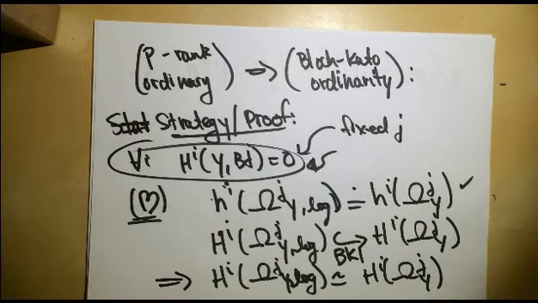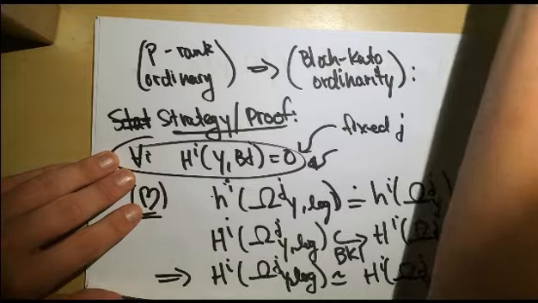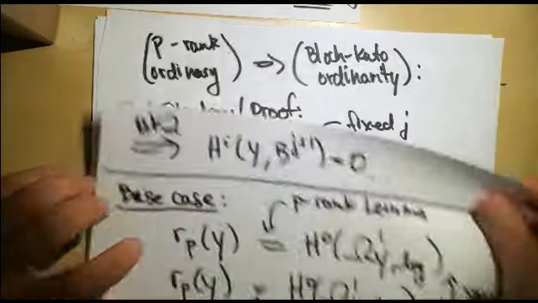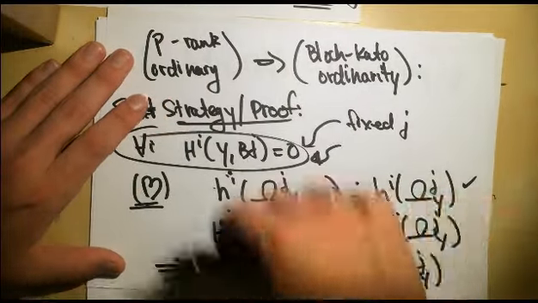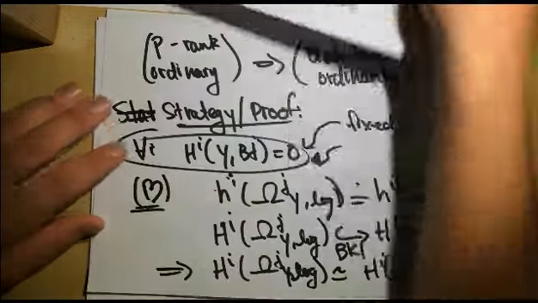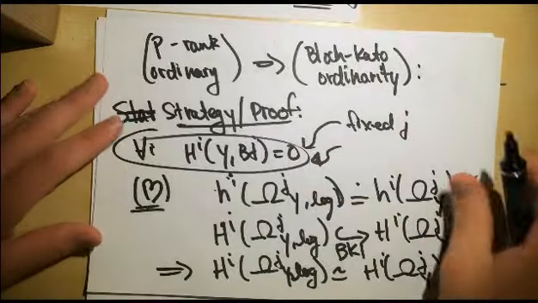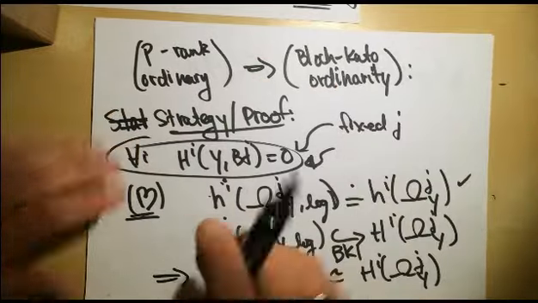We want to show it's a bijection because we can apply the next part of the Bloch-Kato lemma, which says this top piece here is vanishing. And that brings us back to the hypothesis of the original thing. And then we feed this into the same thing. Okay, so we feed it into itself, and it's an inductive proof. And so that's how p-rank ordinarity implies Bloch-Kato ordinarity.